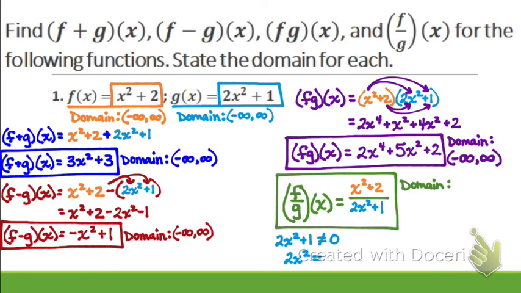So let's see, 2x squared cannot equal negative 1 as I try to get x all alone, which means that x squared cannot equal what? Negative 1/2. Is that going to be an issue? It's not a real number. When we're talking domain and range, we're only talking real values. So this is not possible with real numbers.